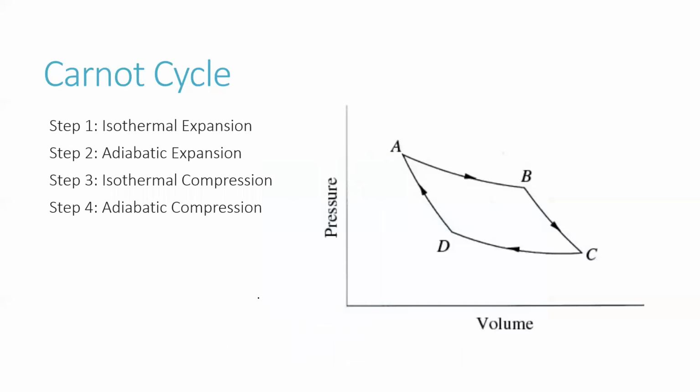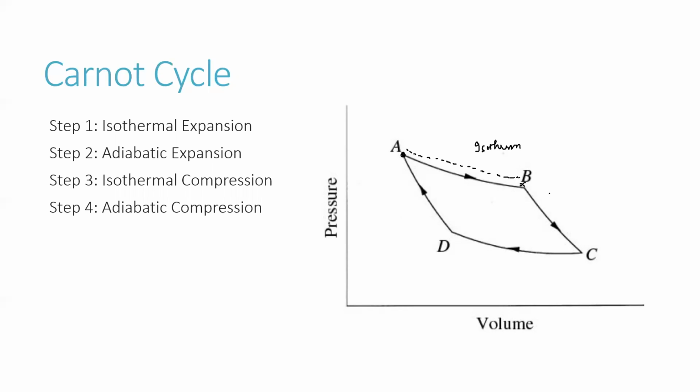The Carnot cycle involves 4 steps: isothermal expansion, adiabatic expansion, isothermal compression, and adiabatic compression. Let's say it starts from state A. It isothermally expands to come to state B. This is an isothermal expansion.